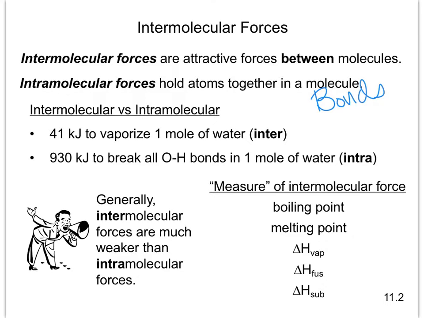There are some different ways of getting a sense of the intermolecular forces within a particular compound. Some of the things that we talk about with water are boiling point and melting point, and then the heats of vaporization, which is turning into a gas, fusion, which is melting, and sublimation, which is going directly from a solid to a gas.